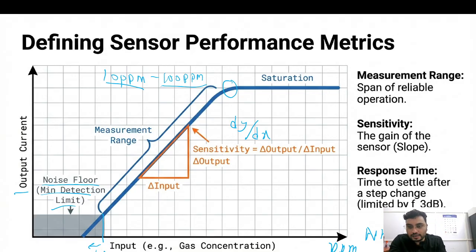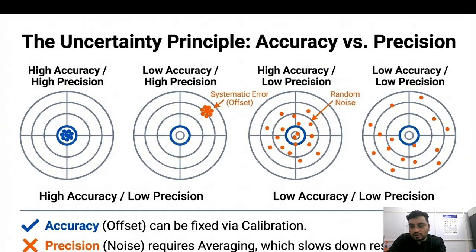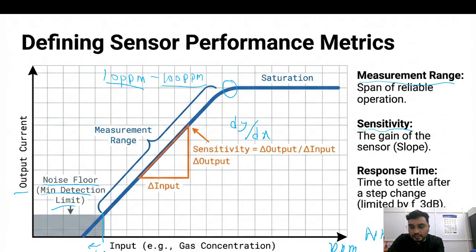Okay, so sensor performance metrics depend on the measurement range, where it has the operation range, then sensitivity, the gain of the sensor, which is a slope. Sensitivity is the increment in the output current compared to the gas concentration. That's how we deal with the sensitivity.